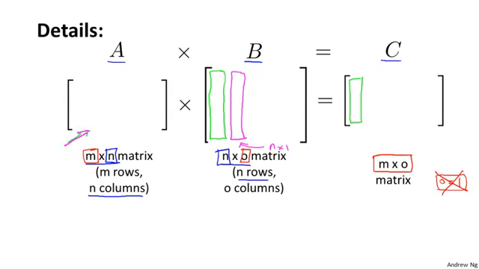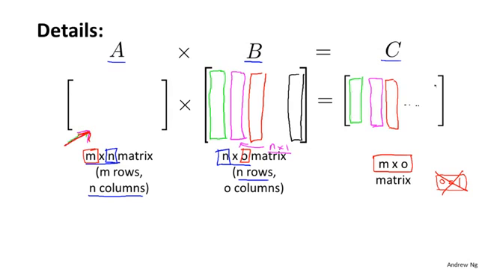I'm going to multiply this matrix with this n by 1 vector. The result will be an m-dimensional vector, which I'm going to put there, and so on. Then I'm going to take the third column and multiply it by this matrix. I get an m-dimensional vector, and so on until you get to the last column, where the matrix times the last column gives you the last column of C.